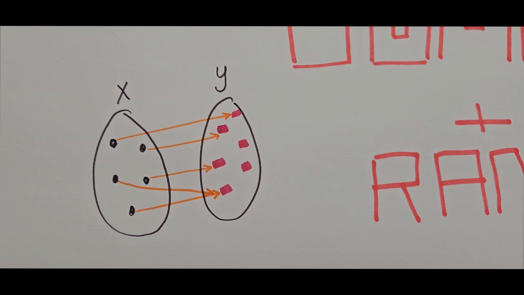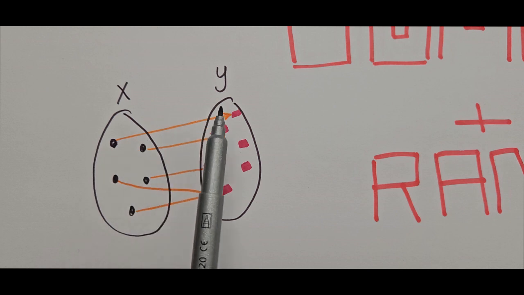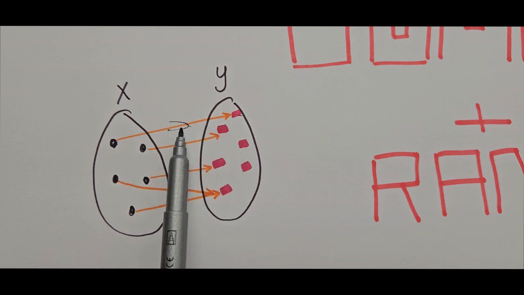Okay, so now let's take a look at these graphs. This is your x, this is your y, and I want to define a function using this. A function relates each element of a set with exactly one element of another set. As you can see, this one is related to this one, and the arrow is the operation.